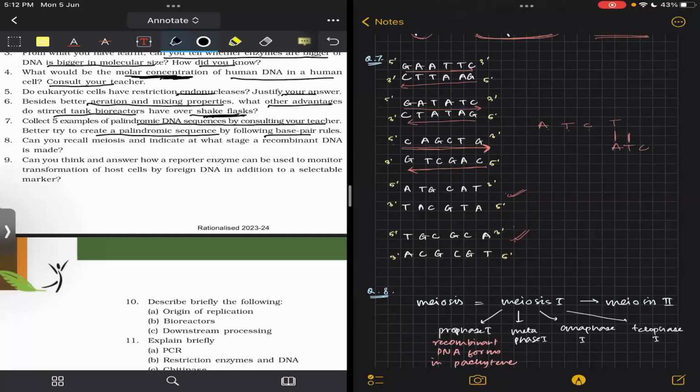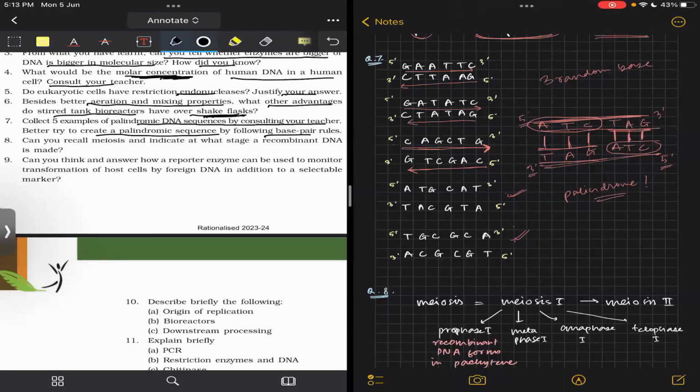So I have to put T, A, and G over here, and G here, A here, and T here, and give it polarity 5' to 3', 5' to 3', and you have a palindrome. So what we did, we just selected 3 random bases, ATC, and then wrote it here, and then filled in the rest of the DNA.